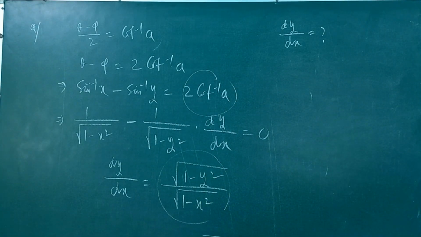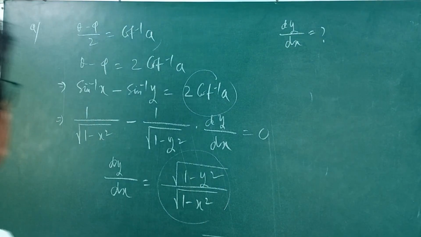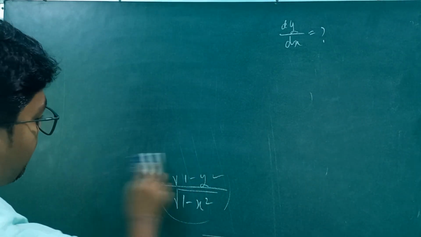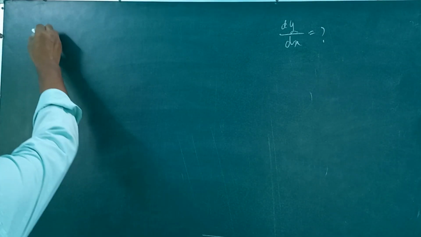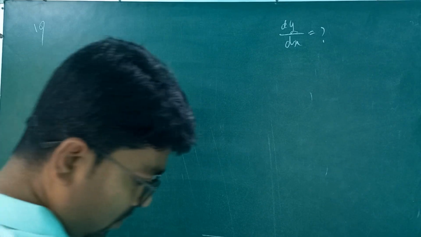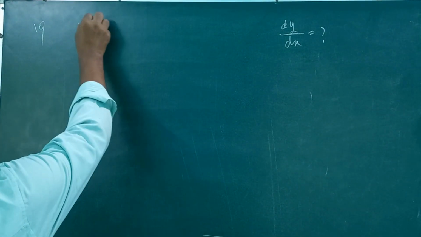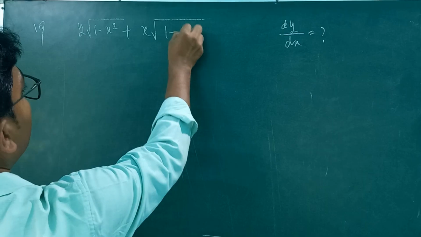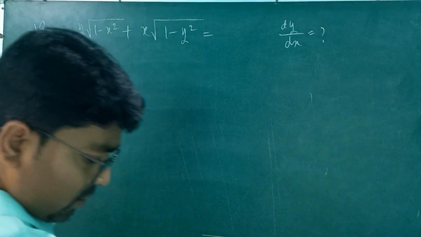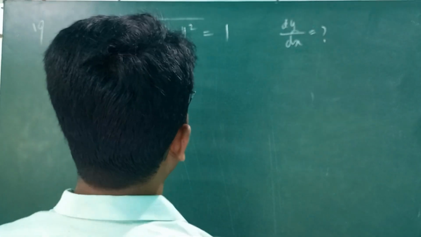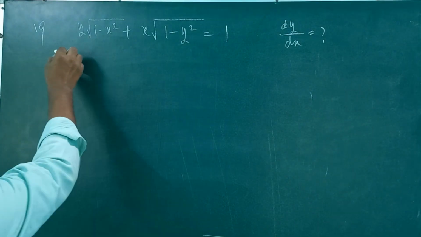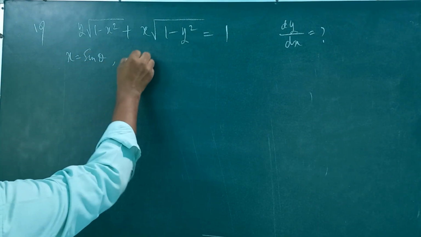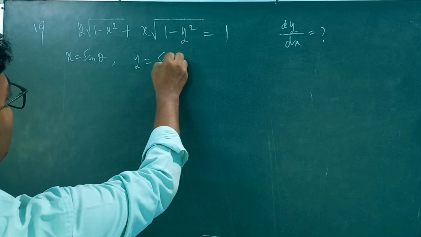Now, same type of problem, number 10. y root over 1 minus x square plus x root over 1 minus y square equal to 1. Here also we replace, say x equal to sin theta, y equal to sin phi.